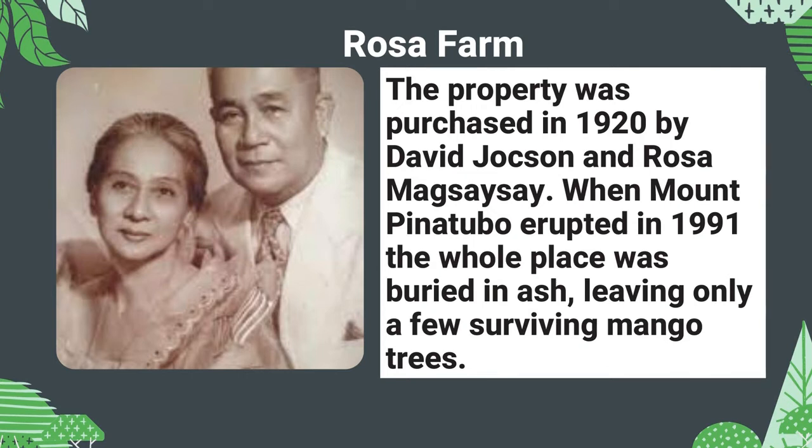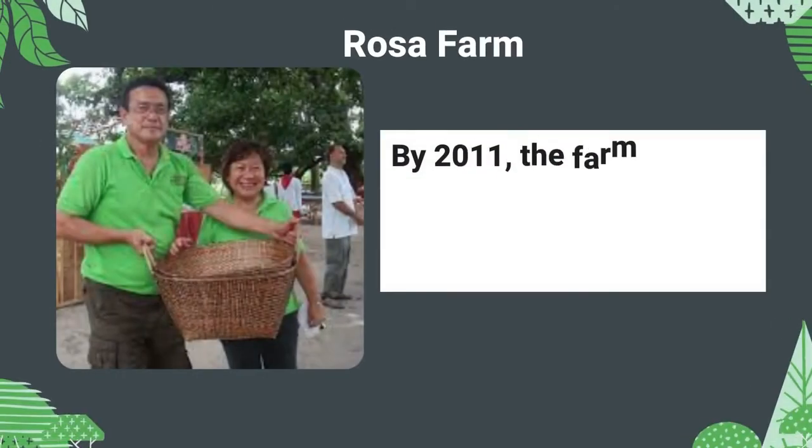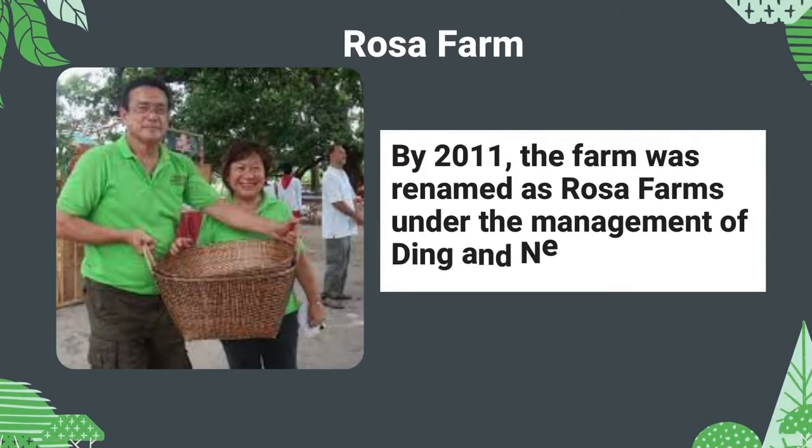David and Rosa's grandchildren faced the devastation. With resilient spirit, they rehabilitated and developed the farm into a mango orchard. By 2011, the farm was renamed Rosa Farms under the management of Ding and Nelda Zulueta.